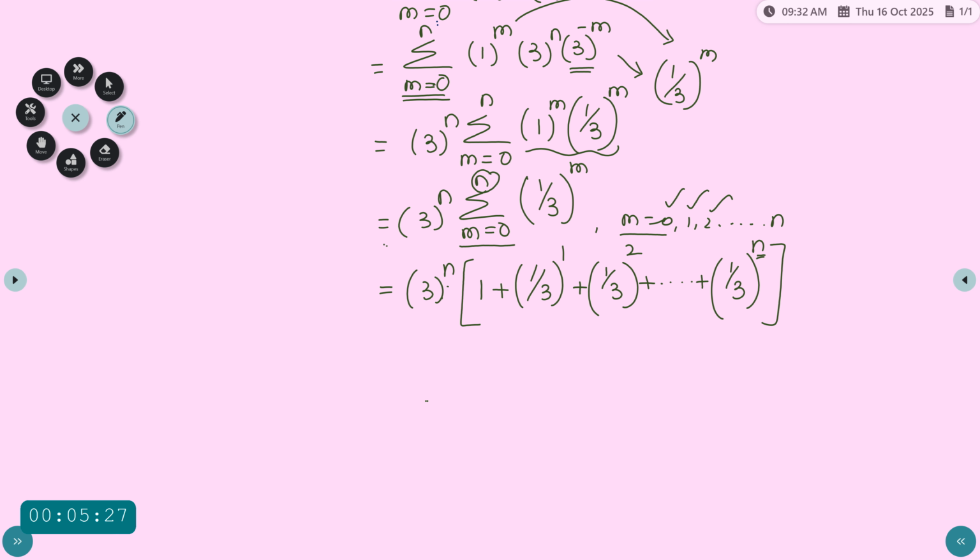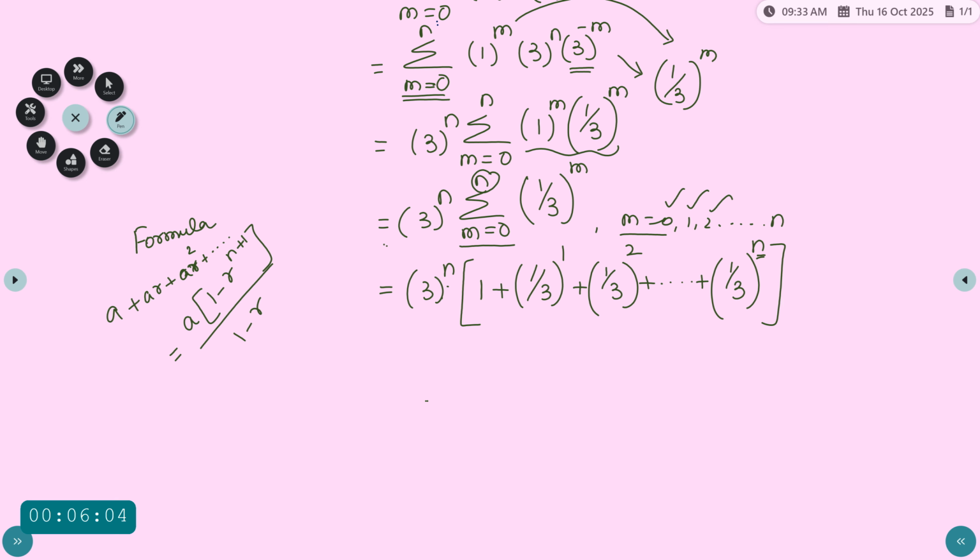I think all of you know one arithmetic formula, that is a plus ar plus ar square plus etc., which is equal to a into 1 minus r power n plus 1 divided by 1 minus r. I think you already know this formula.